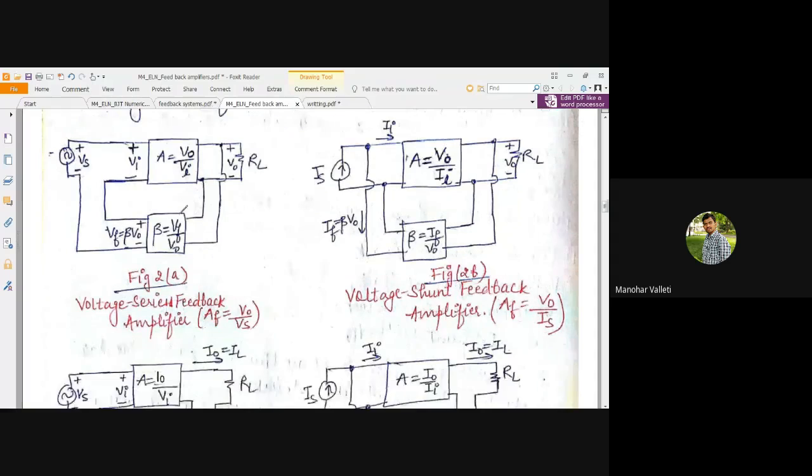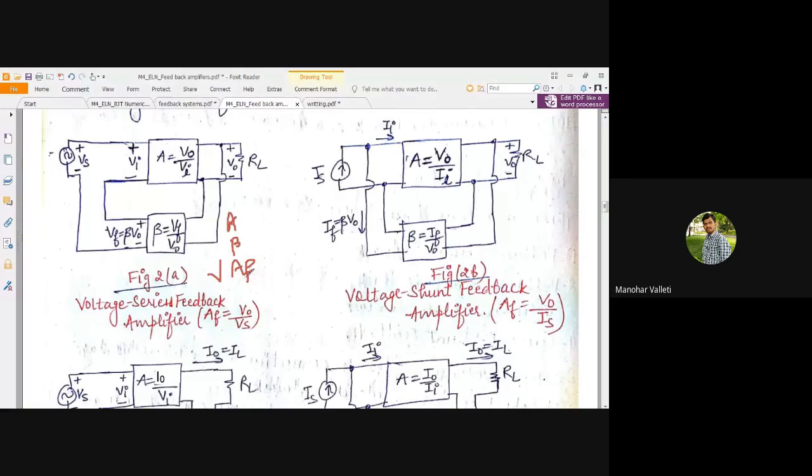In the same way, for all these four, we have to know what A is, what beta is, and what the AF definition is. Only for voltage series feedback, if you know the derivation of AF, that is more than enough.